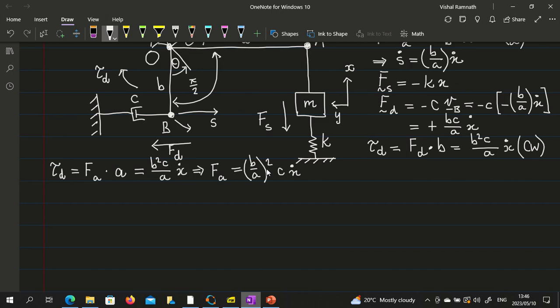And then if we look at the mass, we would have a spring force, we would have an apparent force.